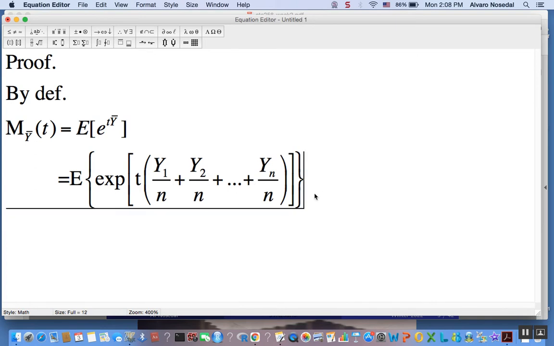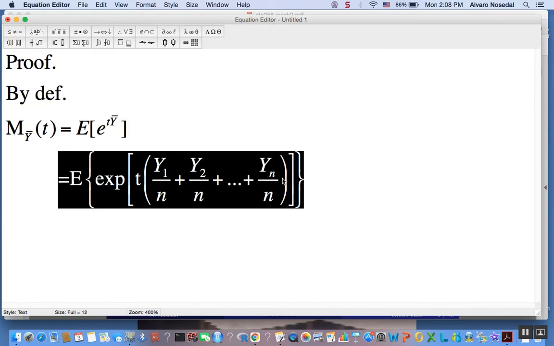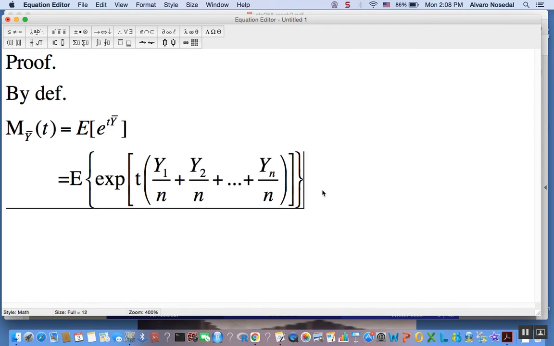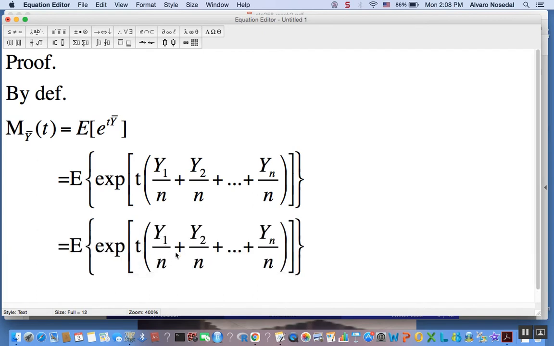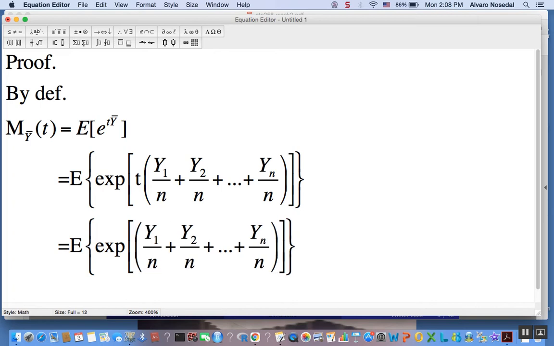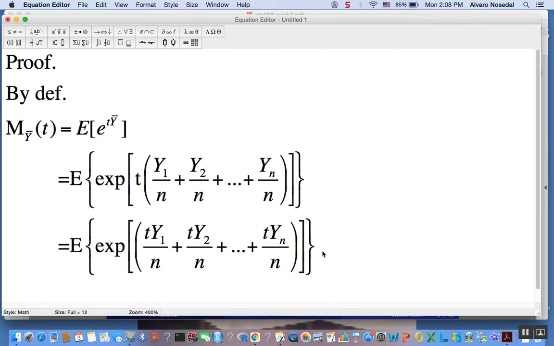Now just doing a little bit of algebra, this is the same as that t multiplying each of those terms: t, t, t. Make sense?